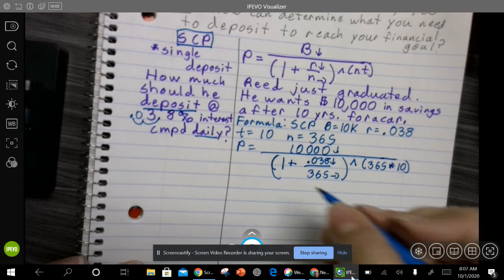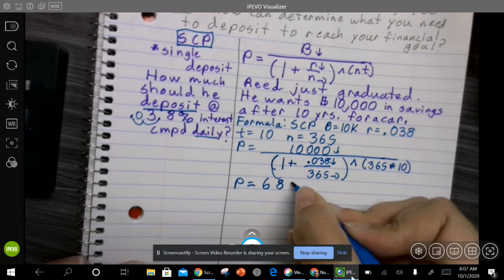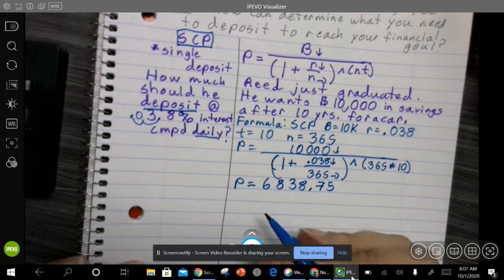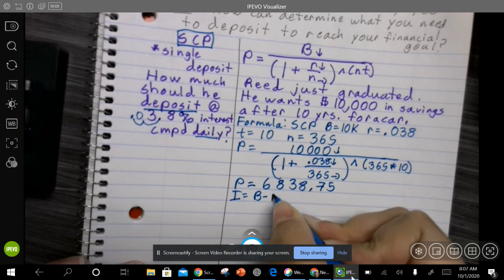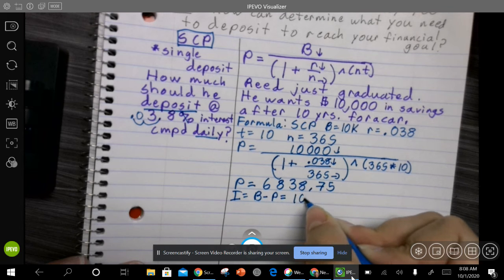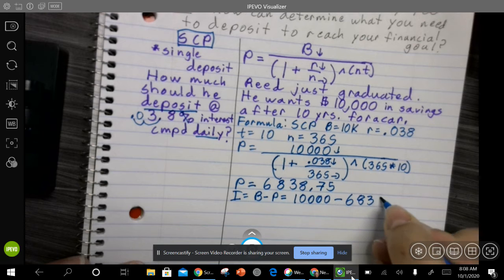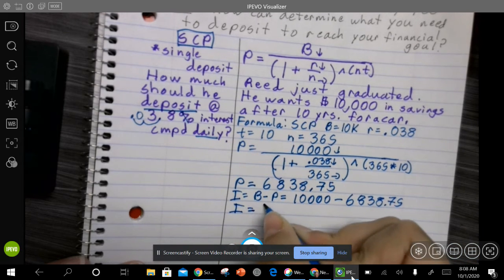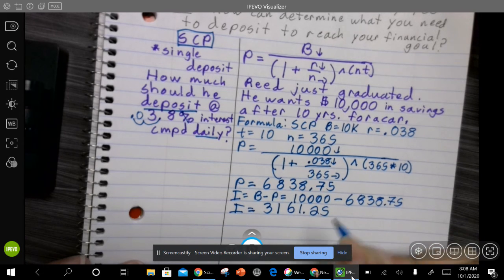Okay, and so his principal is $6,838.75. Okay, the interest is going to be balance minus the principal, so 10,000 minus $6,838.75. So the interest is $3,161.25.